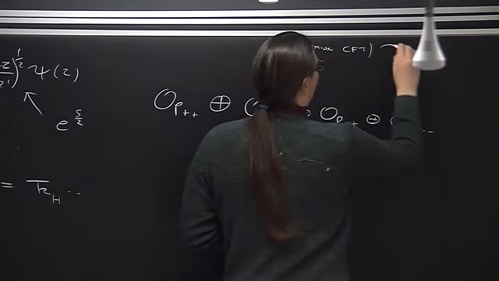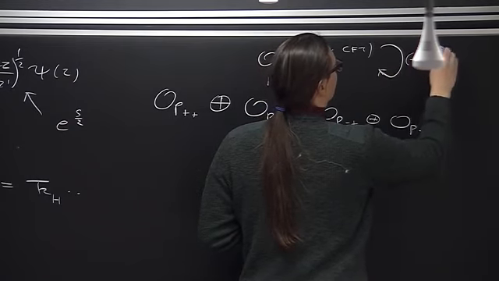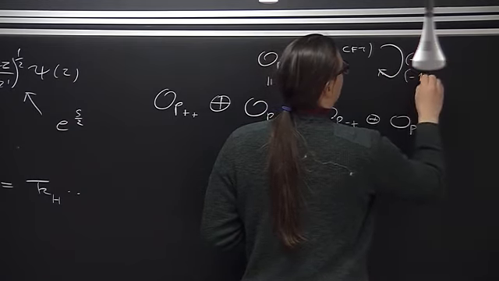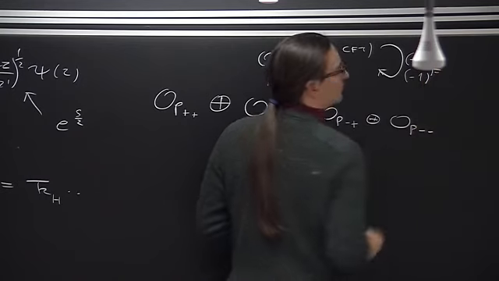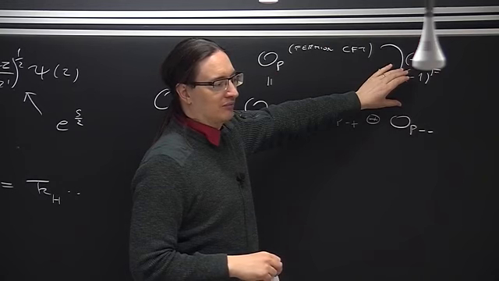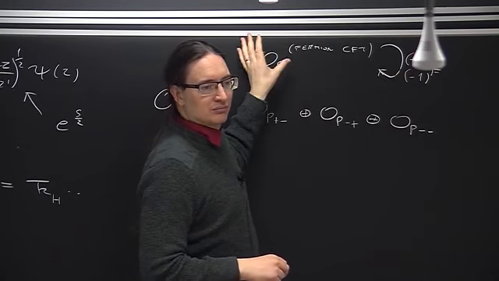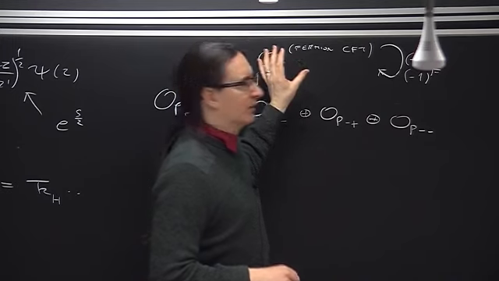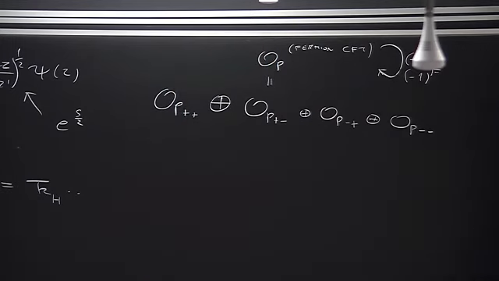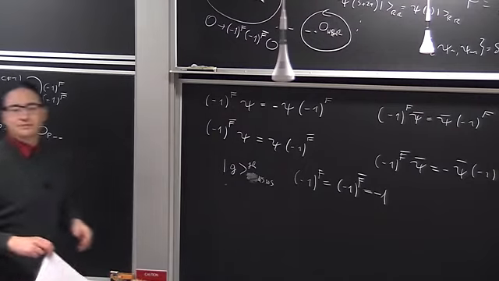So I have some Z2 times Z2 symmetry, which generates (-1)^F and (-1)^F bar, which acts on my operators. Okay? I define it like this on the elementary fields. I can extend the definition to the Hilbert space, or the state-operator map, and so on and so forth.